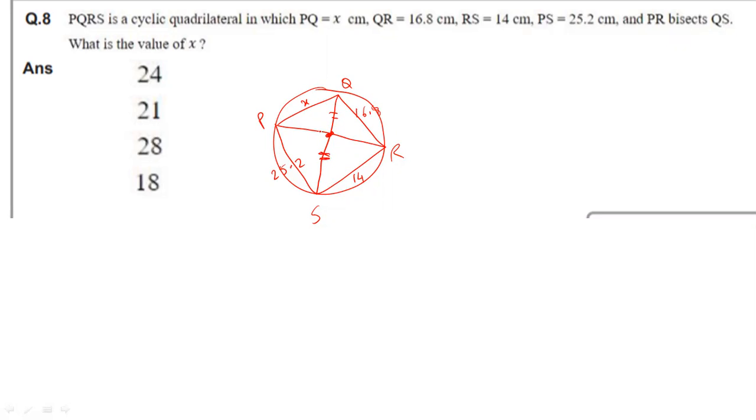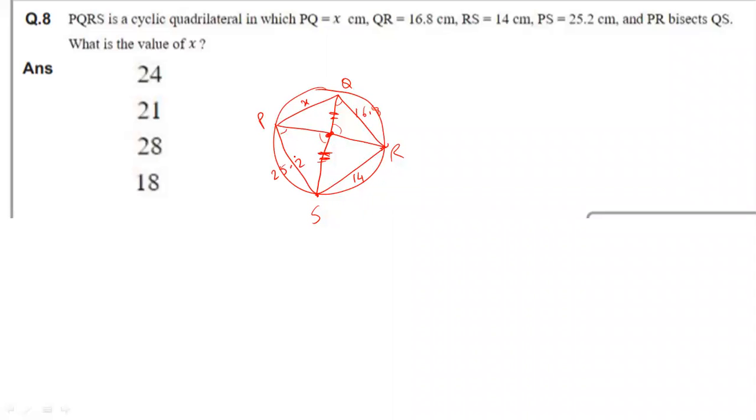Now I know that this angle and this angle will be equal, because two lines are meeting, and this part and this part are equal. And when I see these triangles formed, actually the angles formed here as well as here should be equal, because the same S and R are forming both.